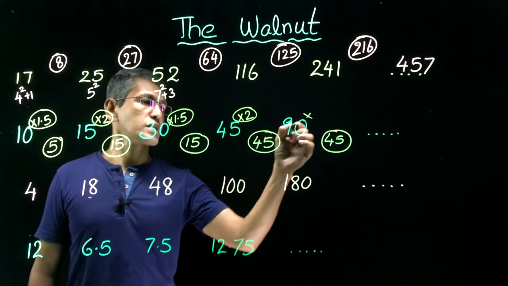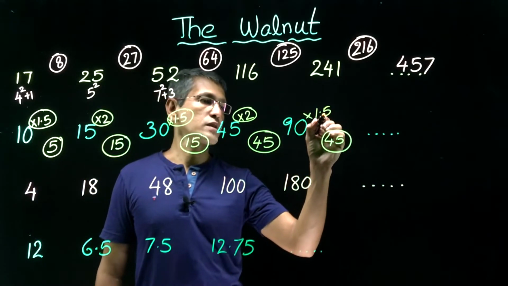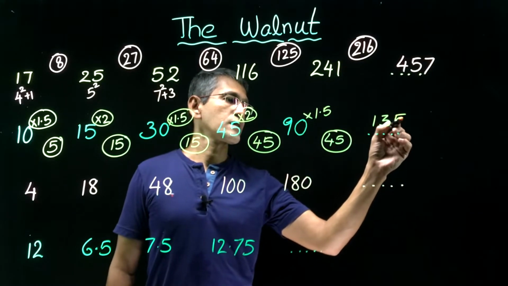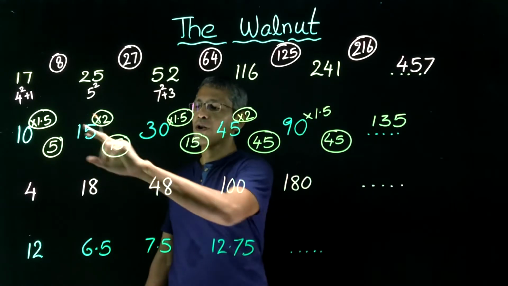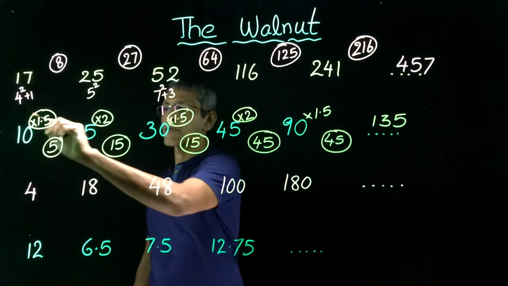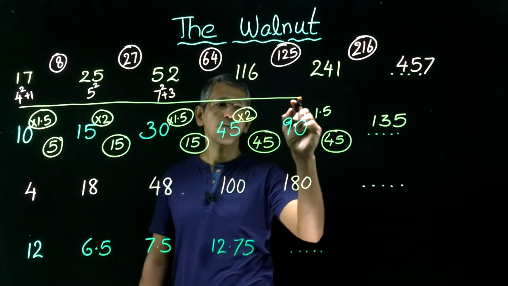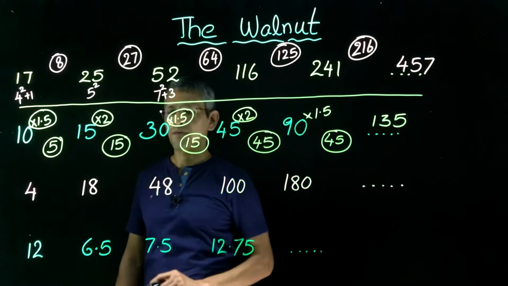So next must be 90 into 1.5, which is 135. So you can go with either the pattern of differences or the pattern of multiplication. I'll just put a line in between, otherwise you may have confusion between the numbers on the top and at the bottom as well.